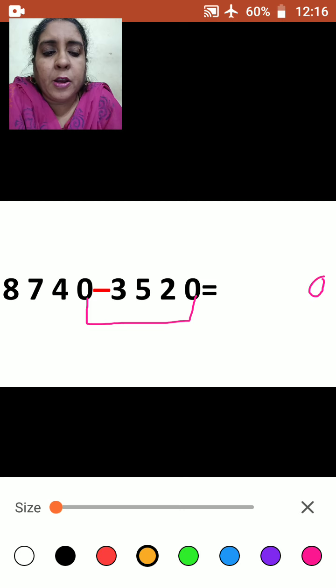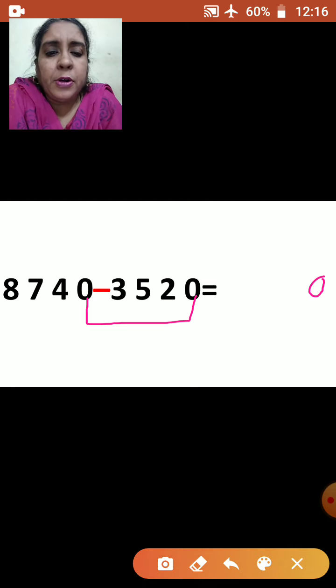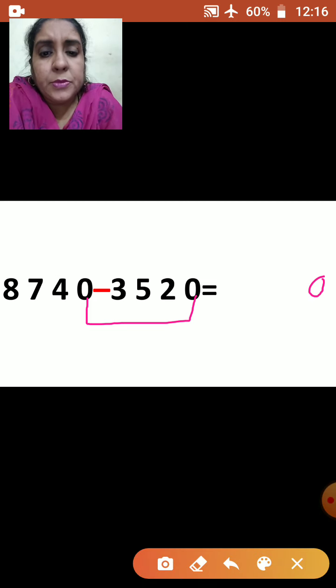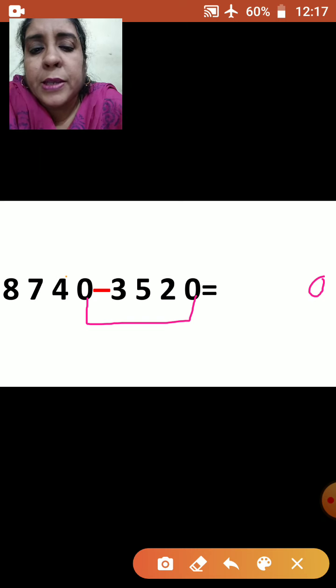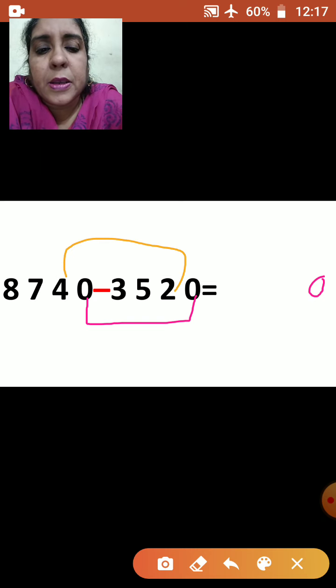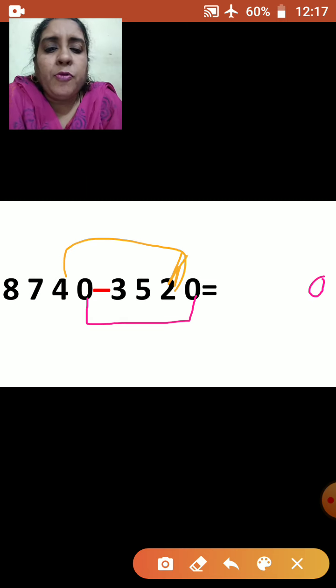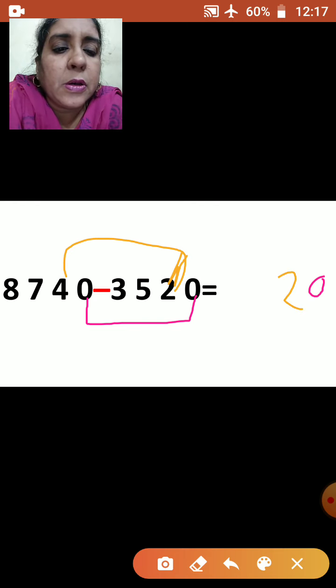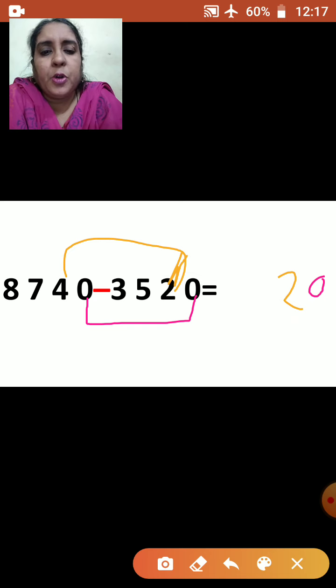Right. Now we will go to tens place. See the number on tens place. So 4 minus 2. 4 minus 2 will be how much? You will get 2 only.